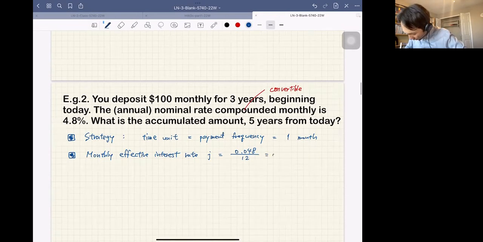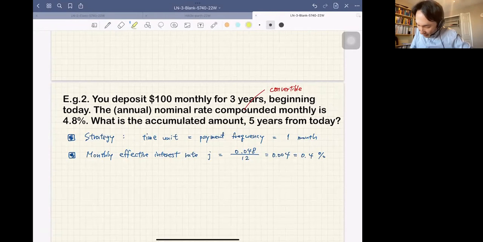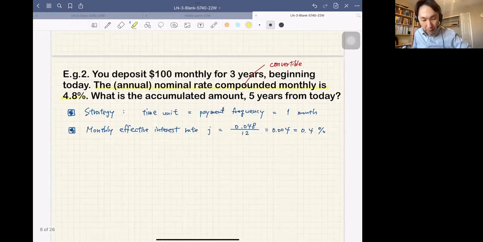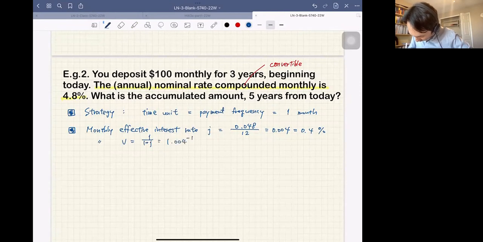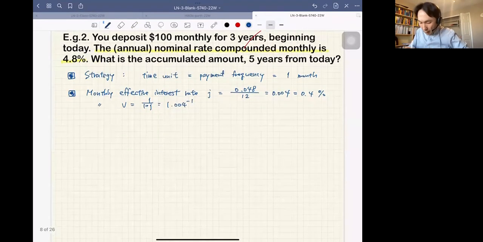So this is 0.004 or 0.4%. This sentence is complicated, but in short, this is 0.4% monthly effectively. So this is j. Maybe we also calculate the monthly v. Monthly v is 1 over 1 plus j, so 1.004 to the negative 1. Okay, now we make a time diagram.